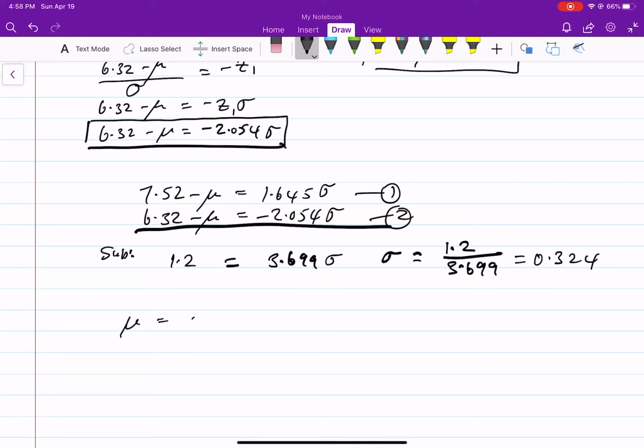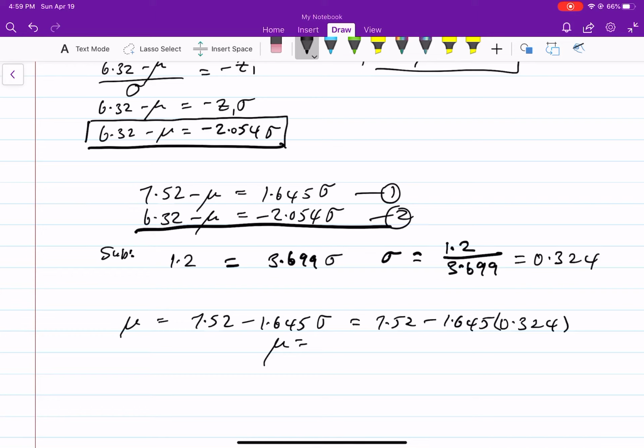Mu would have been 7.52 minus 1.645 sigma, which is 7.52 minus 1.645 times 0.324. That will give me 6.96. I'll take that.